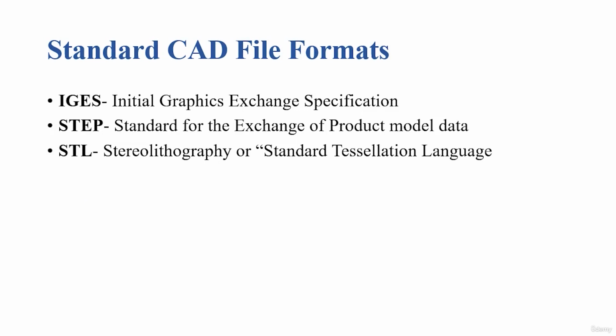These are the standard file formats. Any software will have its own file formats, like CATIA has .CATPart for part design, .CATProduct for product design, and .CATDrawing for drafting. We will see that after starting the software.